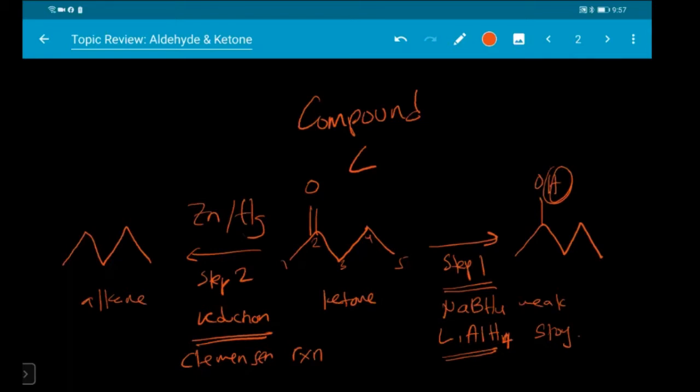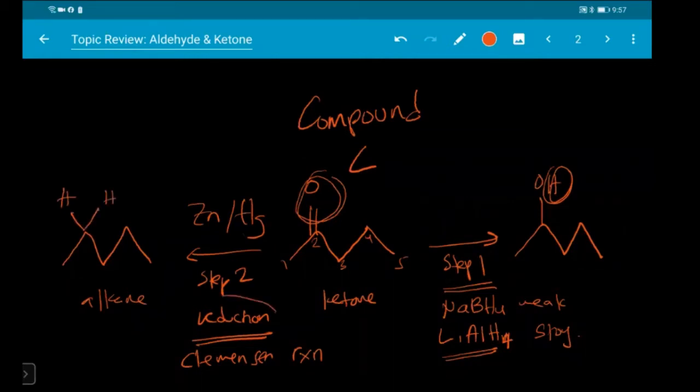So apa yang berlaku kalau kita tengok dekat persamaan ketone ni tadi, yang ni ada C double bond O, right? Dia akan pecah menjadi hydrogen. Since this is a structural formula, jadi tak perlu tunjuk pun tak apa. Tapi you should know that oksigen berkurang dan hidrogen bertambah.